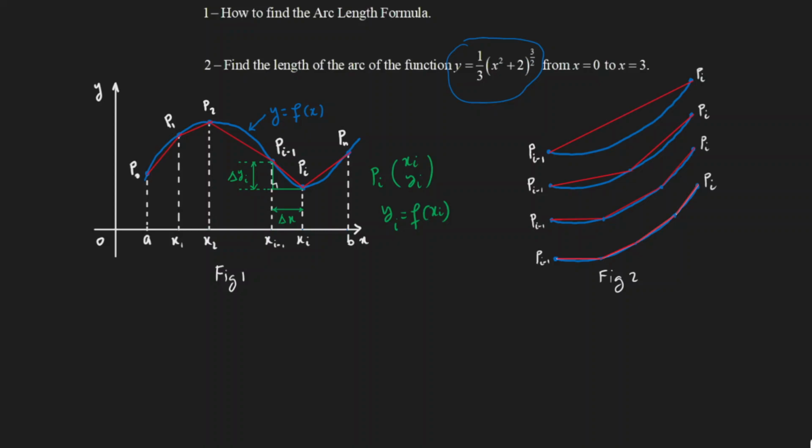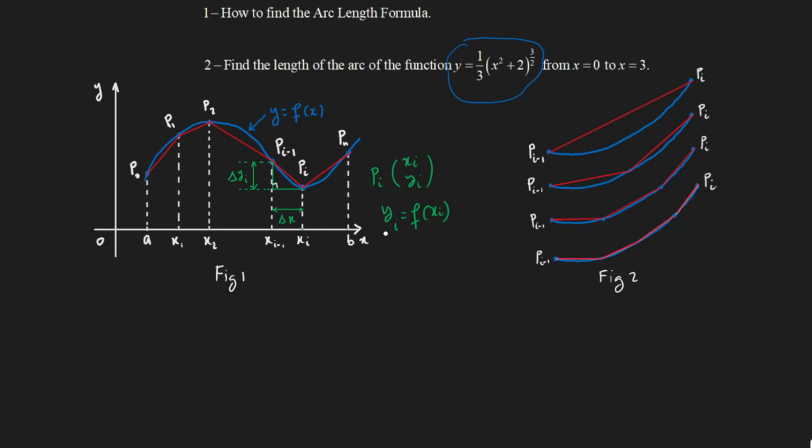So if we break the interval AB into n subintervals with the endpoints x0 equal to a, x1, x2, to xn equal to b, with those intervals having the same width called delta x, then we can say that the polygon P0, P1, P2 to Pn, which is in red, is actually an approximation of our curve C.